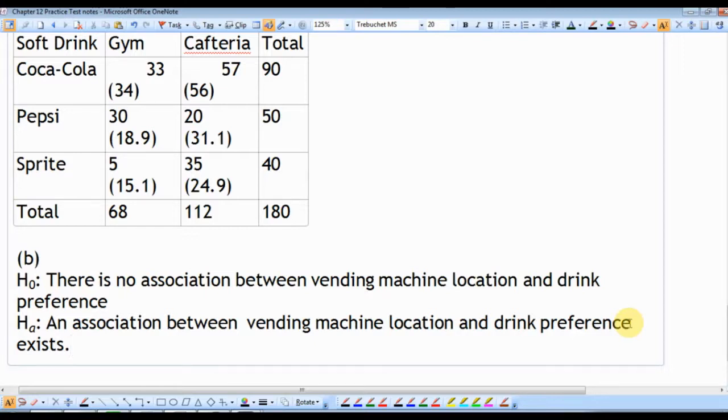Those are the hypotheses. And this is the appropriate one you want to use for a chi-square test for independence or test for association.